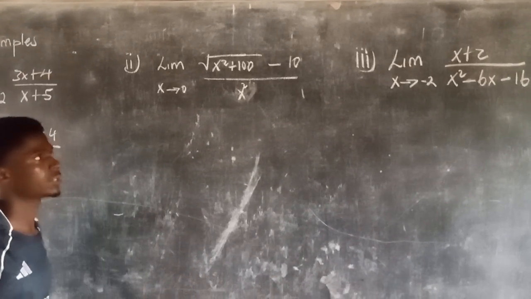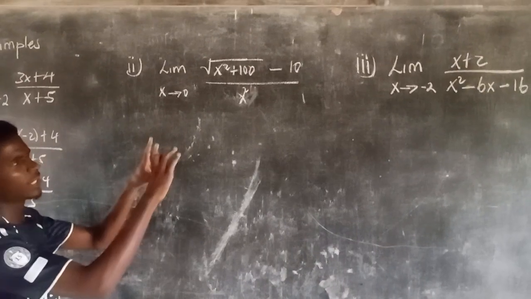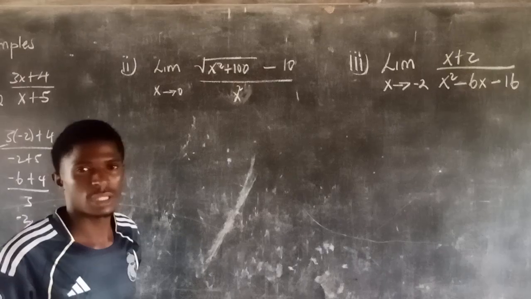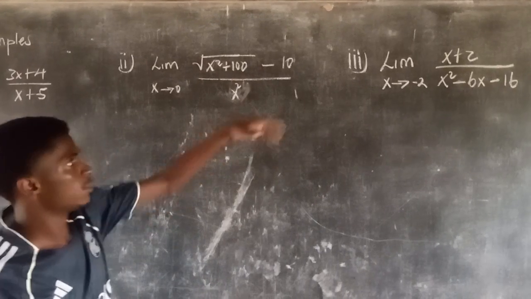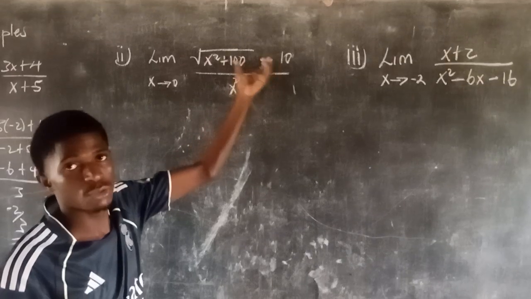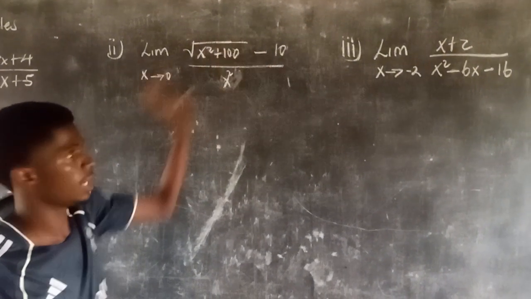So let's rationalize the function. How do you rationalize these types of functions? When rationalizing, we know that you have to multiply the numerator and the denominator by the conjugate of the numerator, because the numerator is the one having the square root.